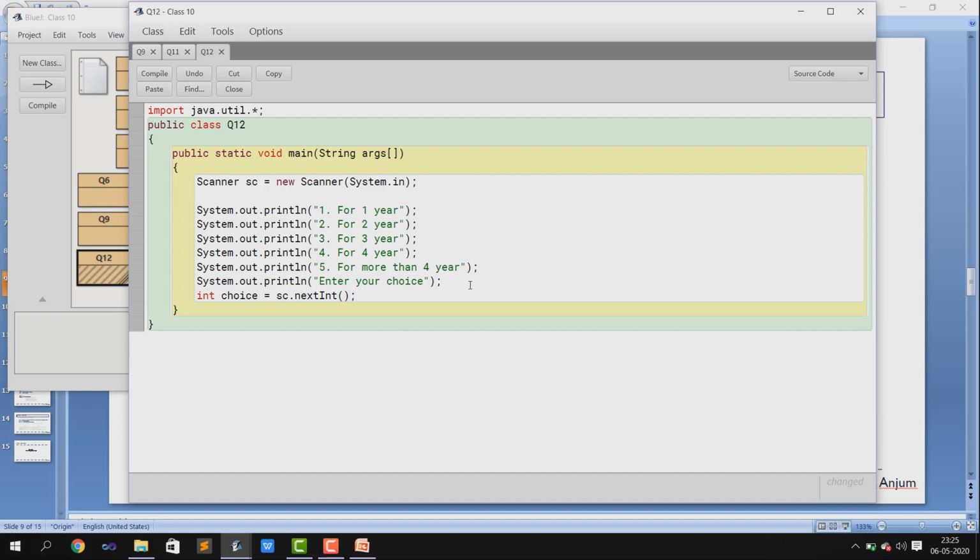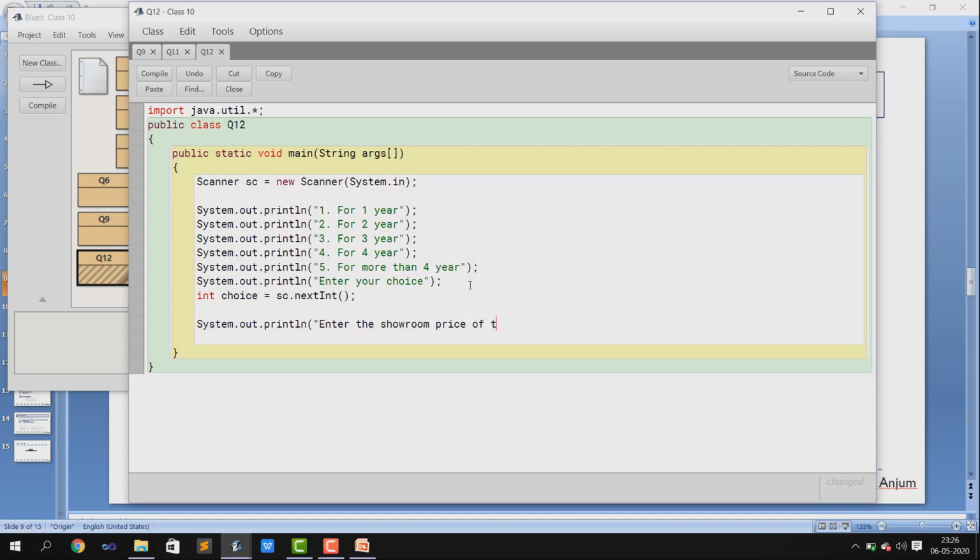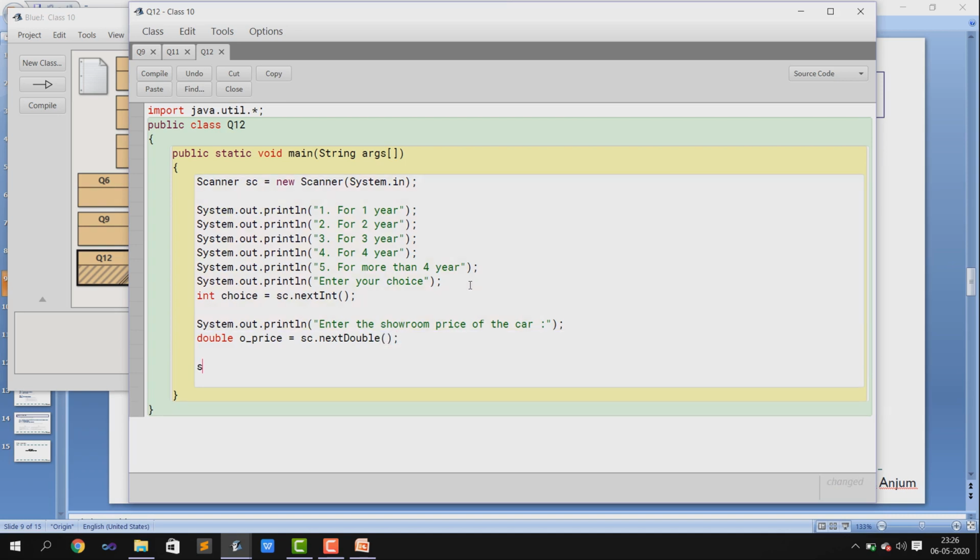Now you have to take another input: System.out.println, Enter the showroom price of the car. You have to enter the showroom price also. For that purpose you are using this line, and let us say double original price equals sc.nextDouble. Done.